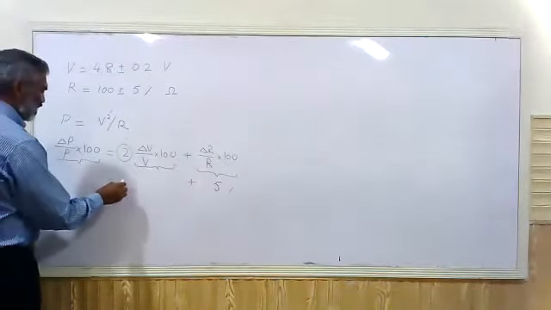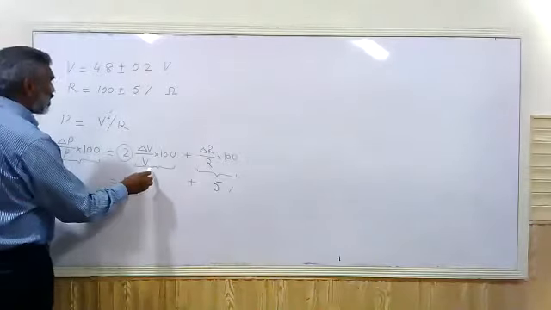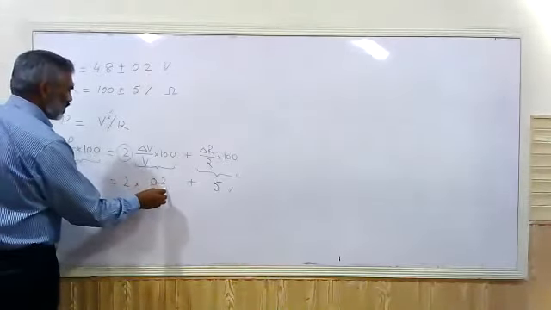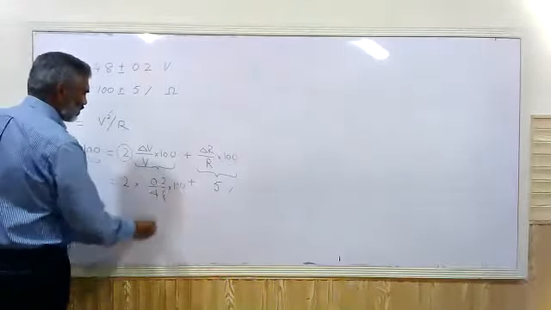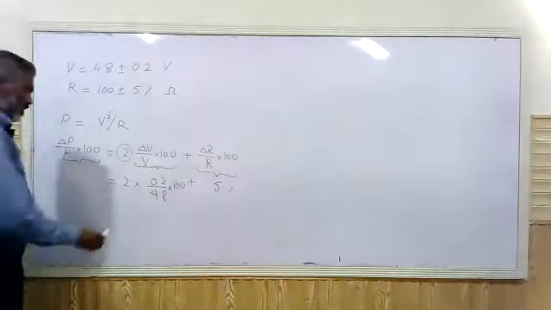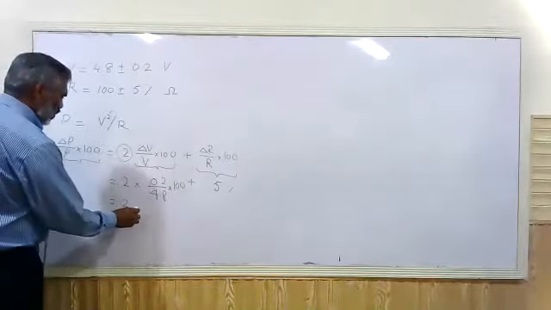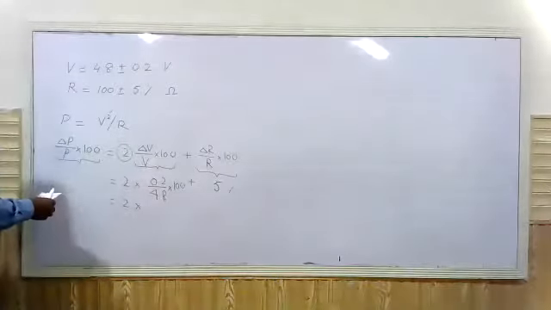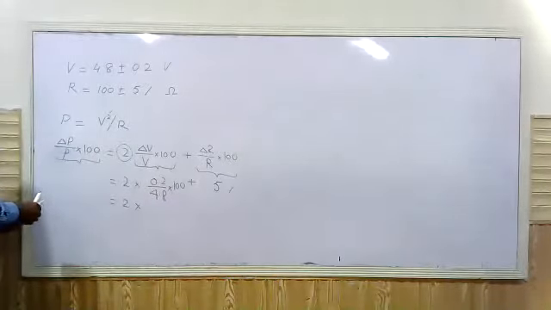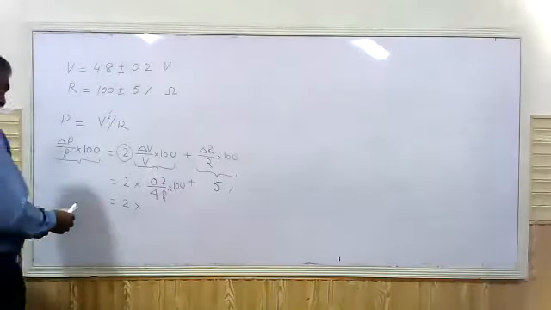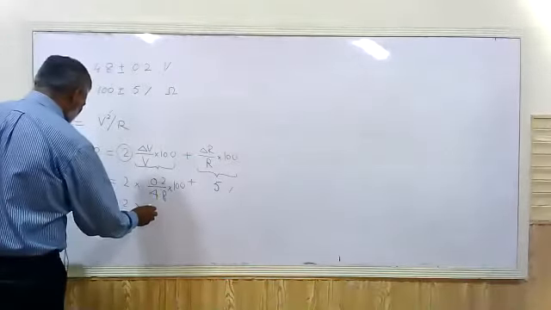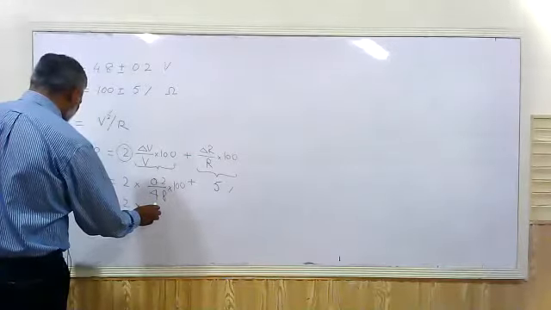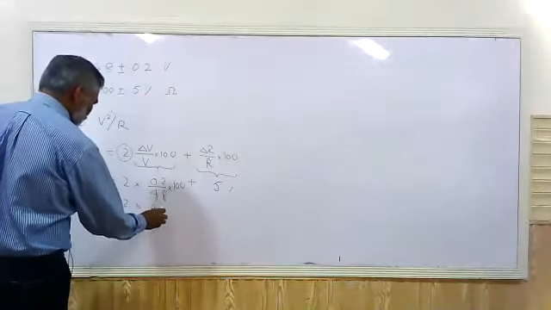Obviously, this is calculated like 0.2 divided by 4.8 into 100. And this is 2 into this percentage uncertainty, which comes out to be 4.2.